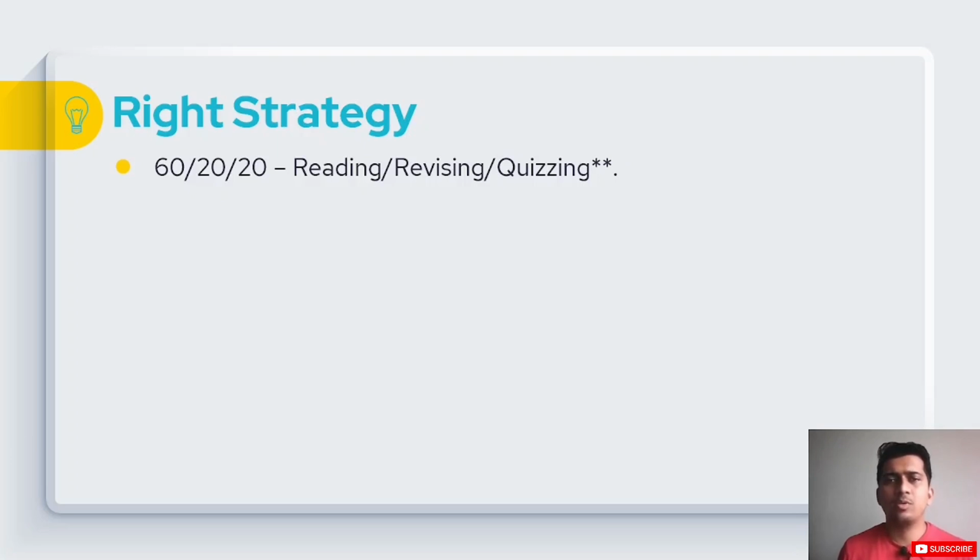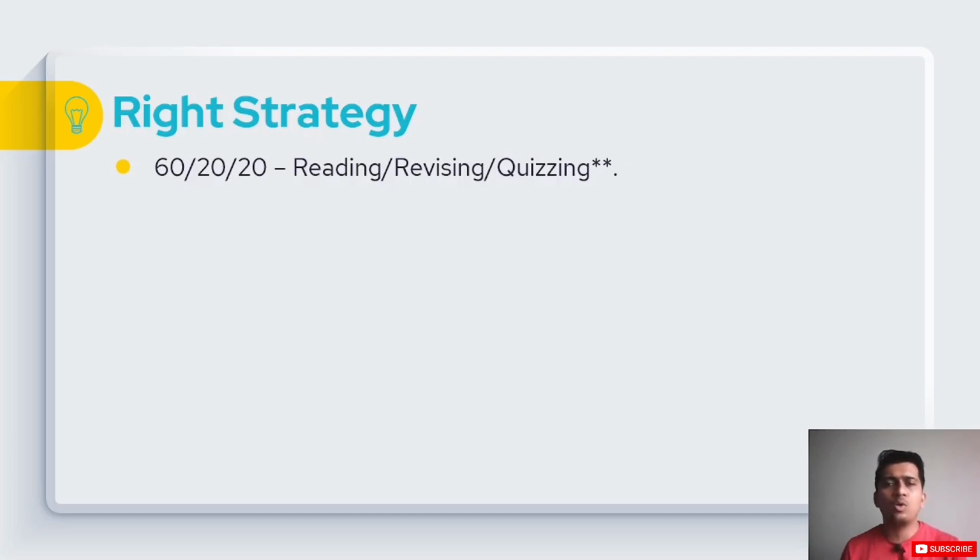Practice exams are a very important part, because the exam will have multiple choice questions, not direct questions. Unless you have practiced and have the habit of thinking in a way of solving things, it won't be helpful, and you won't be very efficient while giving the exam.